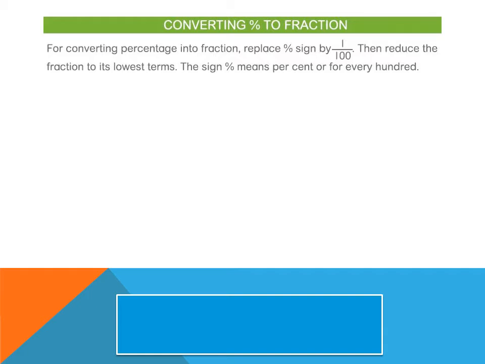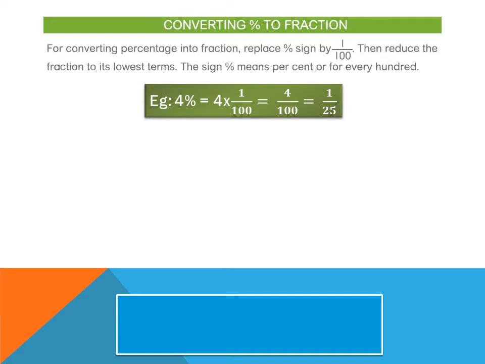First of all, converting percentage into fraction. For converting percentage into fraction, replace the percentage sign by 1 by 100 and multiply it. Then reduce the fraction to its lowest terms. The sign percentage means actually for every 100.